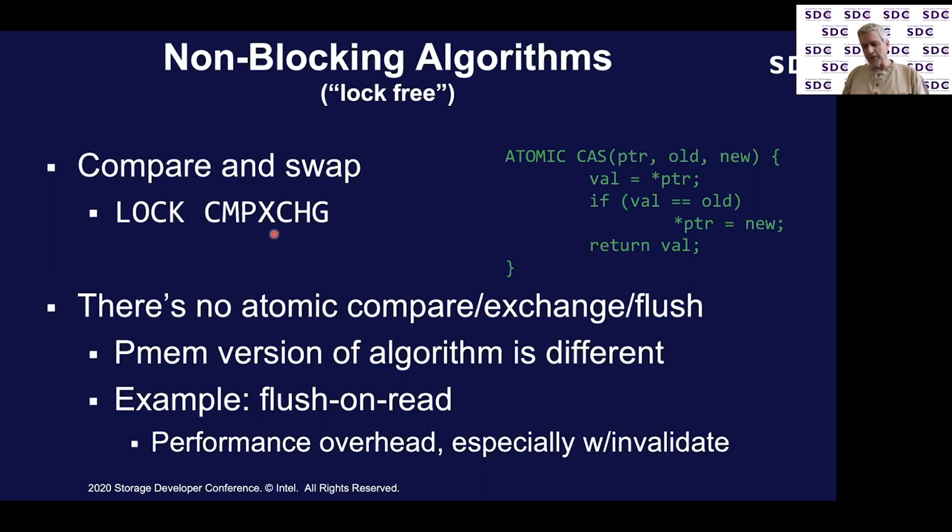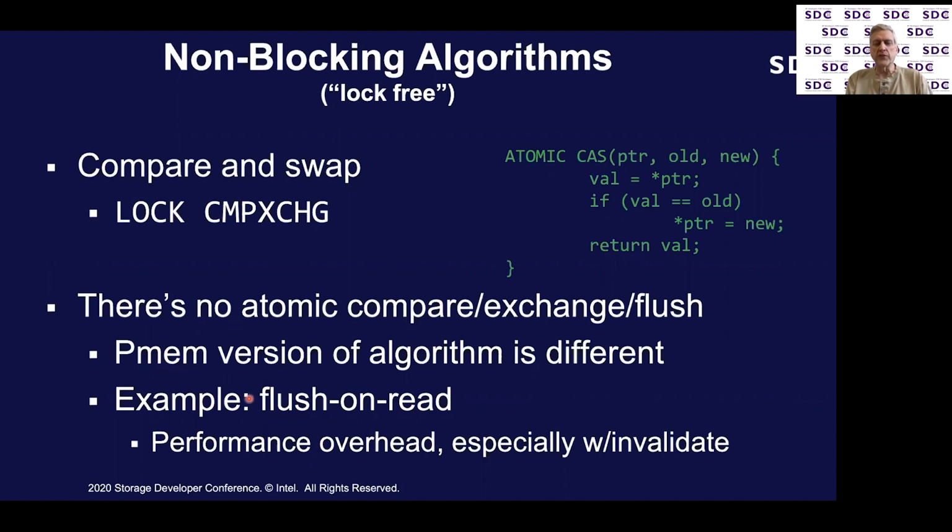You bring it over to run it on persistent memory. It doesn't quite work because you could proceed on the assumption that you made the change to that value, and then you get a power failure. You come back, and since your change wasn't persistent yet, you've made calculations based on the wrong assumption. So, of course, there are ways to fix this. You can change your non-blocking algorithm to be a PMem aware version of that algorithm.